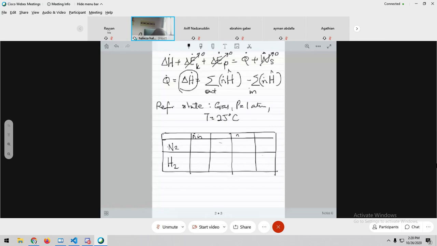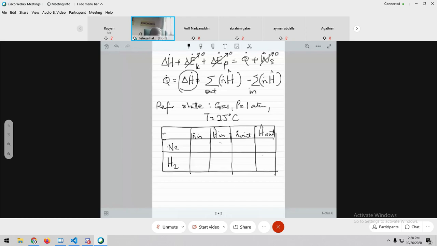This is N dot out. I should erase that and make it bigger. It's slow, but we're getting there. That's N dot in there, N dot out here, the specific enthalpy in, and the specific enthalpy out.